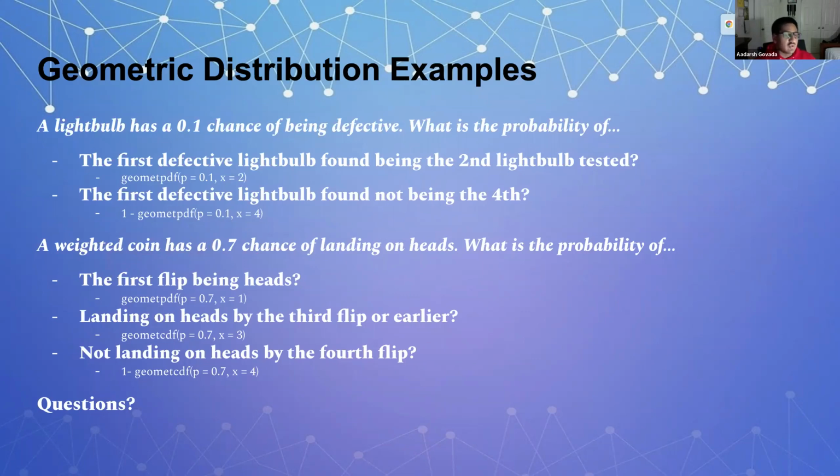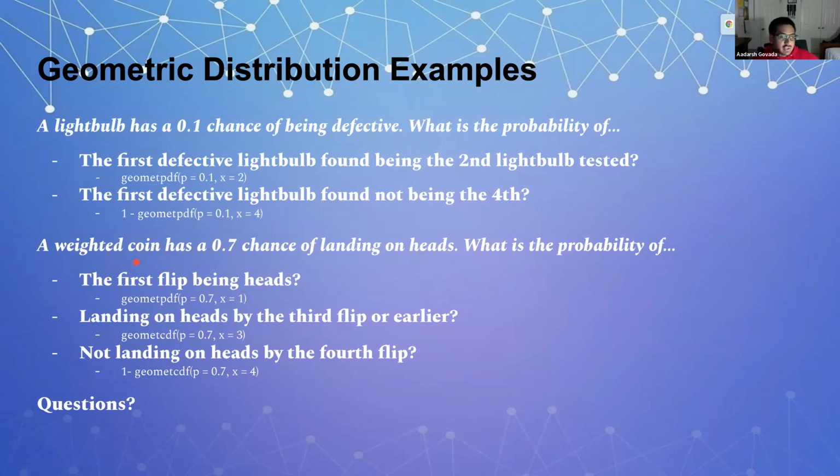This is a weighted coin, so it's different. We have a 0.7 chance of landing on heads and a 0.3 chance of landing on tails.